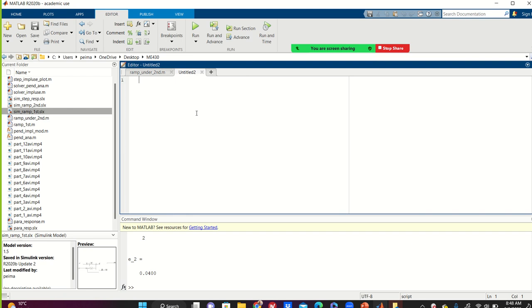I'm going to say time equals 40 and y equals time times sine of time, and I'm going to put this exponential of -2 times time.